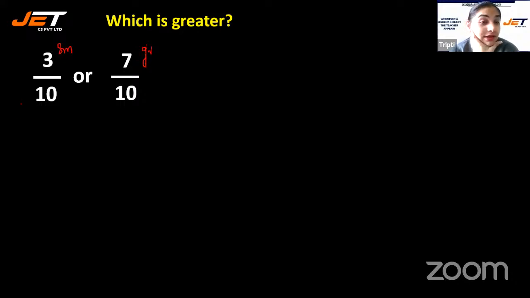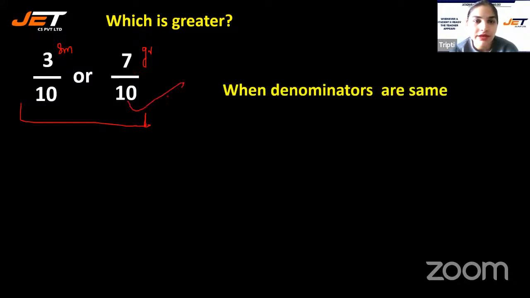But here, if you notice, 10 and 10, both the denominators are same. So here, greater the numerator, greater will be the fraction. Smaller the numerator, smaller will be the fraction. When the denominators are same, you do it normally, like 3 by 10 or 7 by 10. So 3 by 10 is smaller than 7 by 10. Okay, so 7 by 10 is the greater one.